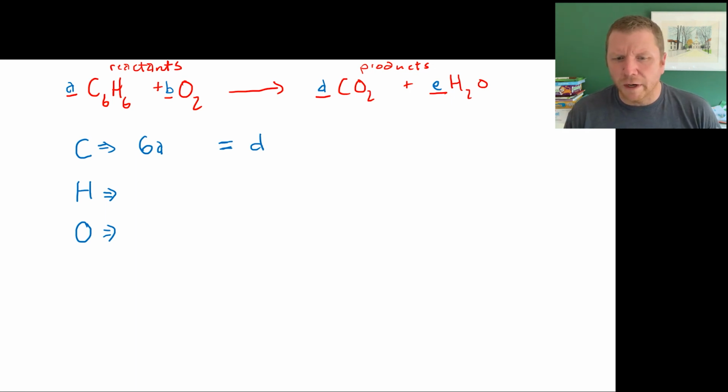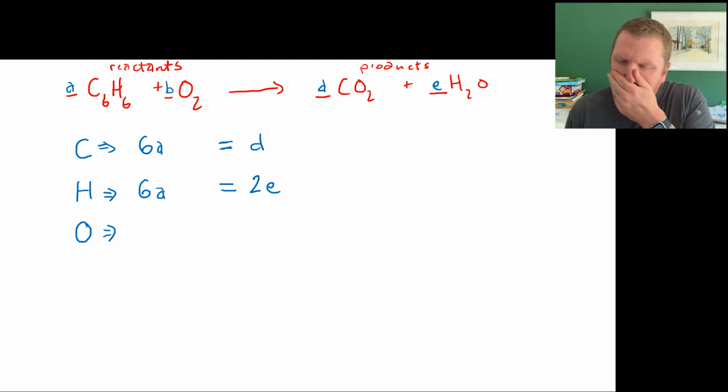So I'm going to write 6A, because there are 6A hydrogens on the reactant side of my equation. Now hydrogen is only found in the product H2O, so on the product side I'm going to write 2E. What this tells me is that 6A is equal to 2E. And that will give me an equal number of hydrogens on the reactant and product sides of my equation.